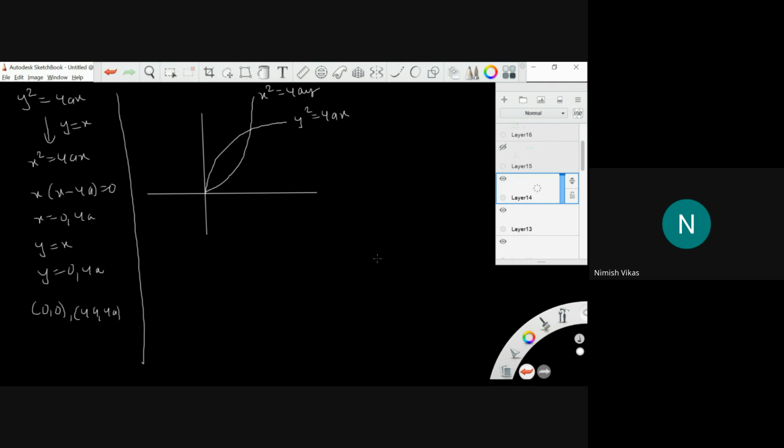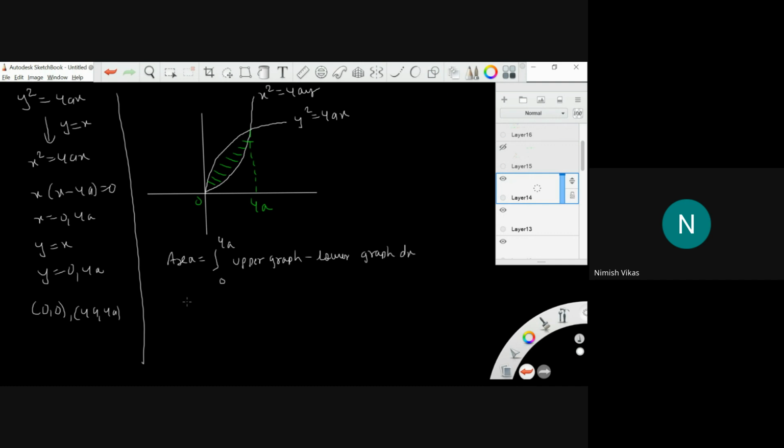So the area which we have to find, this is 0. So the limits will be from 0 to 4a. So the area is integral 0 to 4a, upper graph minus lower graph.